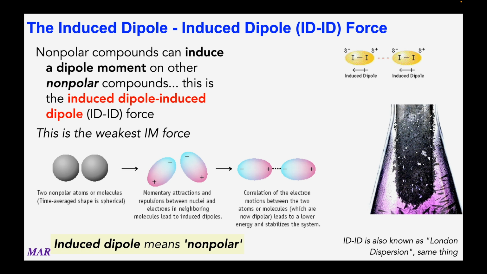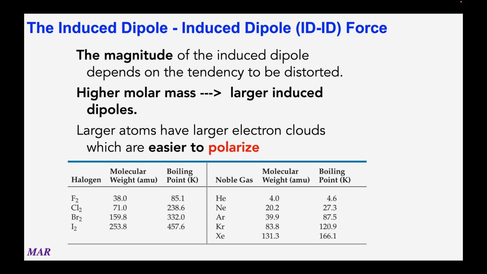So if you hear about induced dipole, the ID force, this is the force between two nonpolar species, and it's definitely the weakest force of all. Induced dipole forces are important because otherwise, without them, all of the nonpolar things would never become liquids or solids. They'd stay as gases. And even helium, which is probably the most nonpolar species of all, can be turned into a liquid.